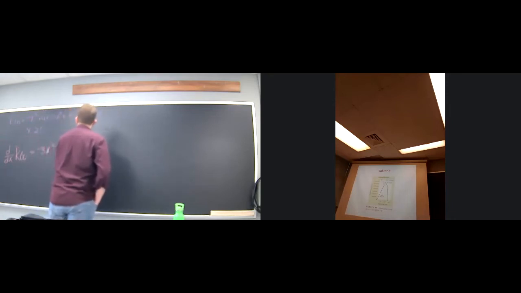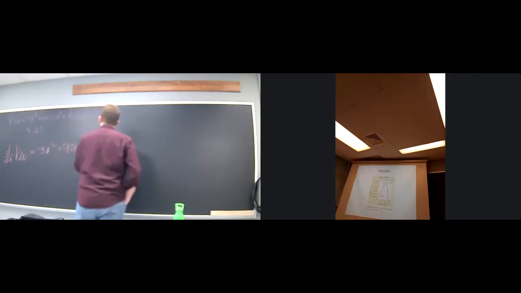So the derivative with respect to x of our revenue function is going to be equal to negative 3x squared plus 900x plus 52,500.